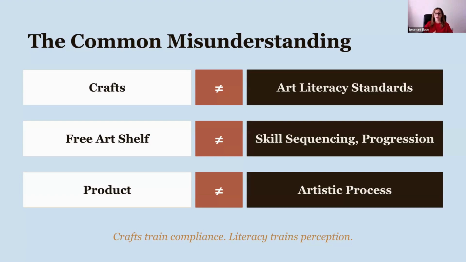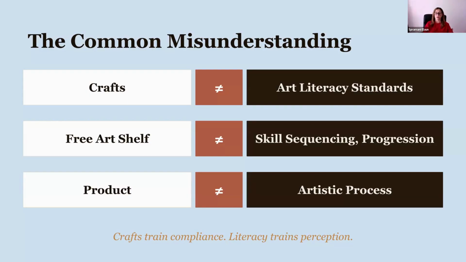Another thing is product-based projects, meaning a child makes something that you introduce and have them follow, which creates a product, and that is considered the artistic process. If you don't know what the artistic process is, I'm going to share what that is. It is a process that we take children through, which meets the national art standards.